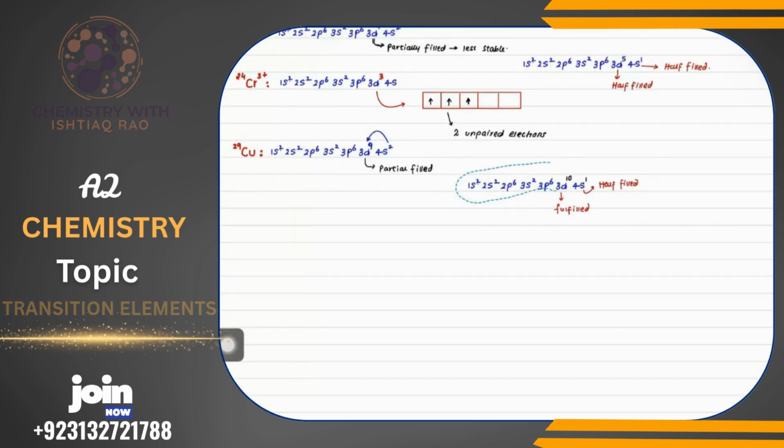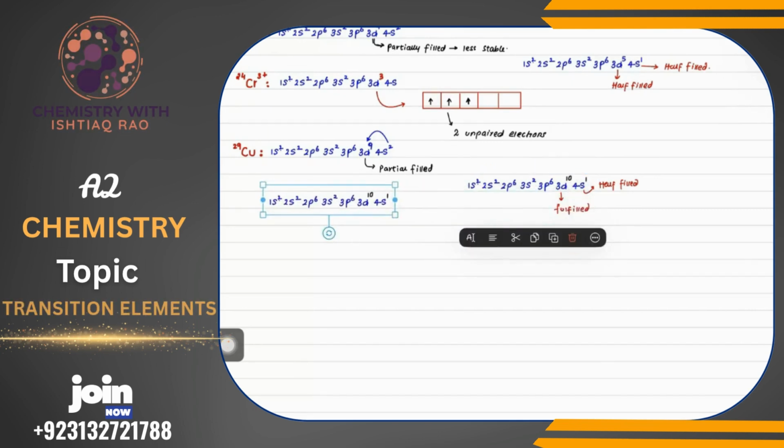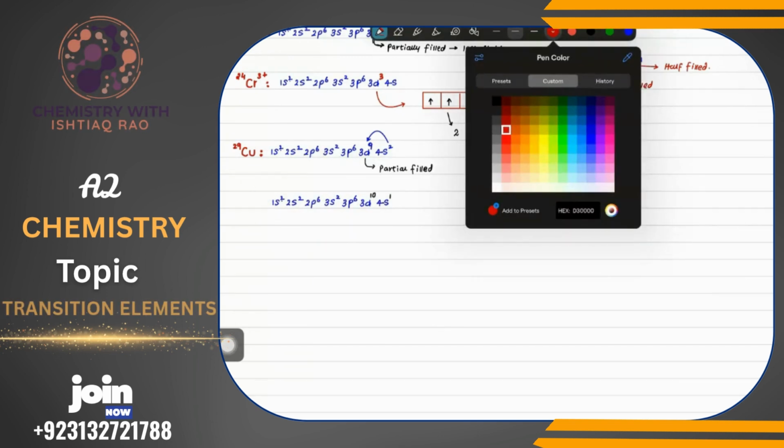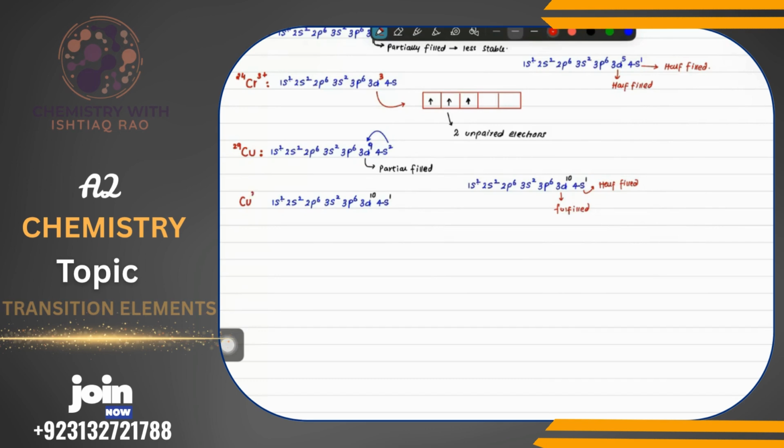Now I'm going to write down the ionic configuration. Since copper is going to have a +2 charge, I have to remove electrons from 4s and 3d. It's going to be 3d9.